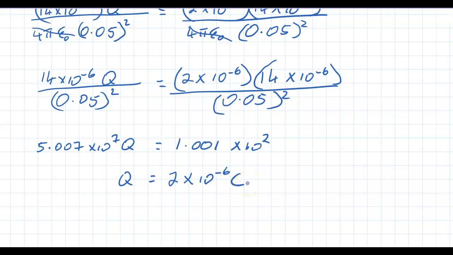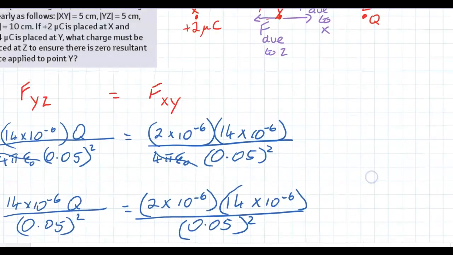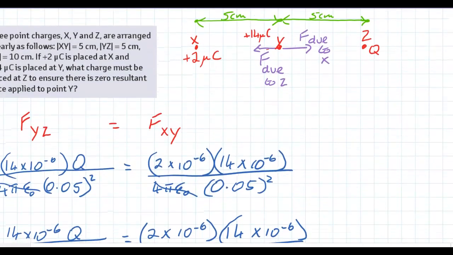Just put your plus sign in at the very end to show that that is a positive sign. Just to recap why it's a positive sign: now you have the size of Z, that has to repel, it has to push Y in that direction. And the only way you can do that is if it's the same sign as Y, like charges repel.